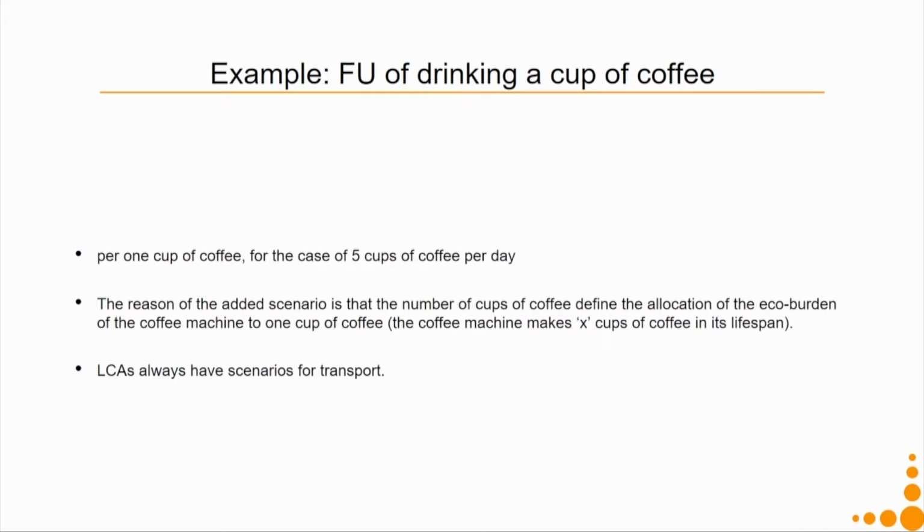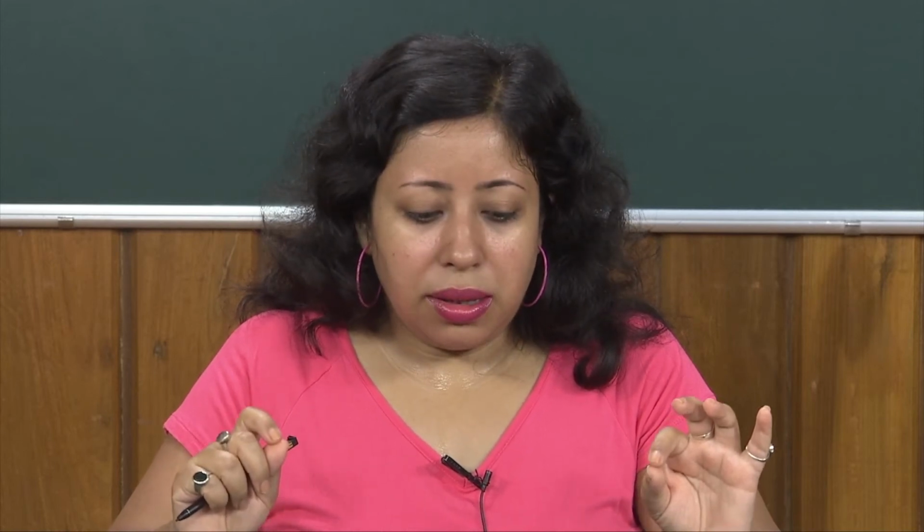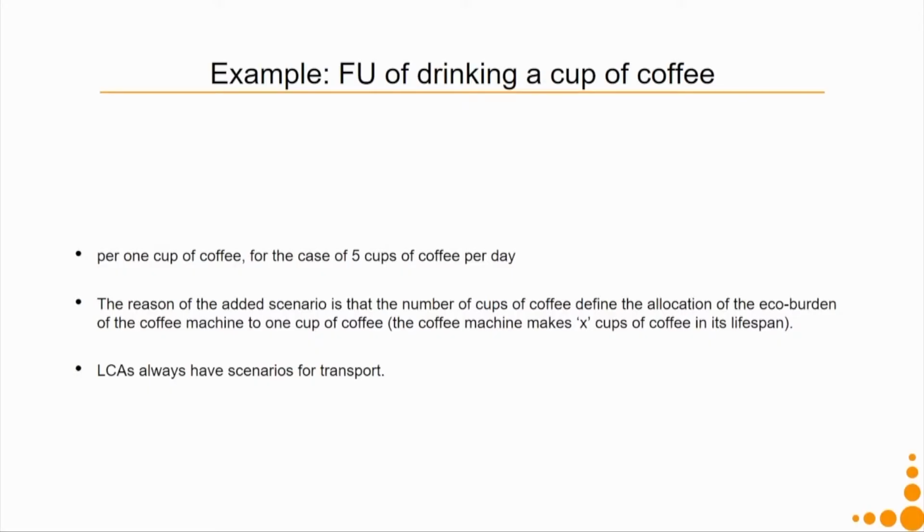Let's see an example. For drinking coffee, for the personal use coffee machine, the functional unit is per 1 cup of coffee for the case of 5 cups of coffee per day. Why so? Because whenever I design a machine, I design it for a particular lifetime.